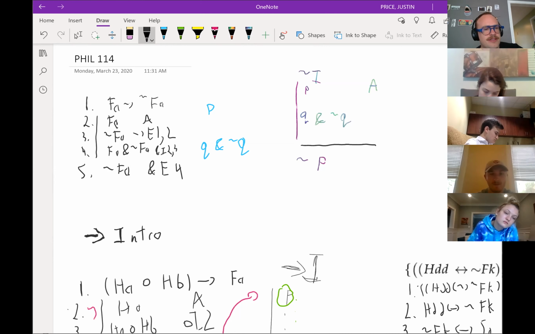So the problem here is that we can't stop the assumption line without discharging that assumption. Since we didn't do the negation introduction rule, the assumption line keeps going. And since it's something derived in the assumption line, it can't count as our conclusion. So that would be one problem.